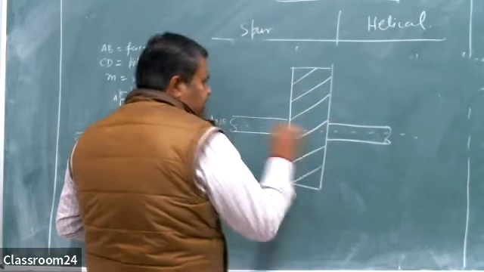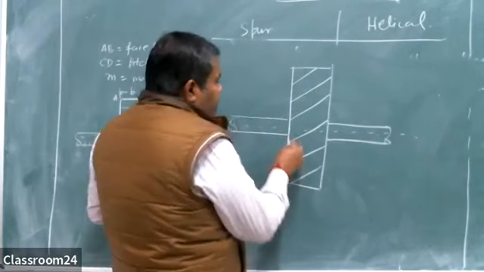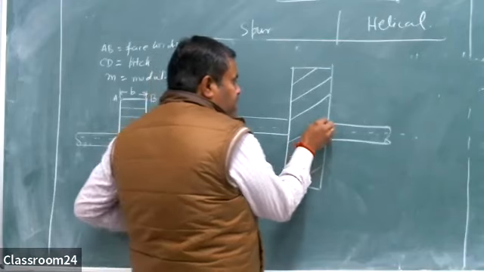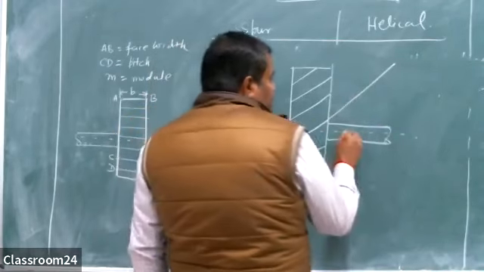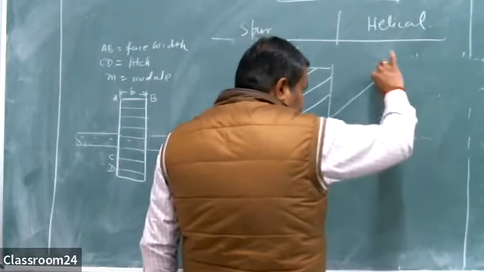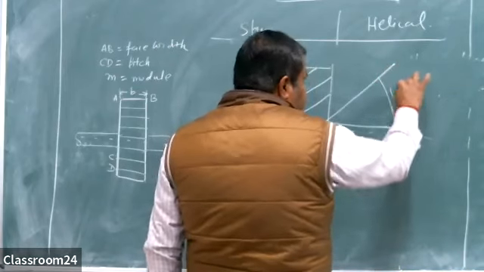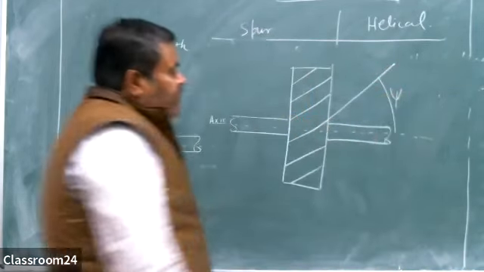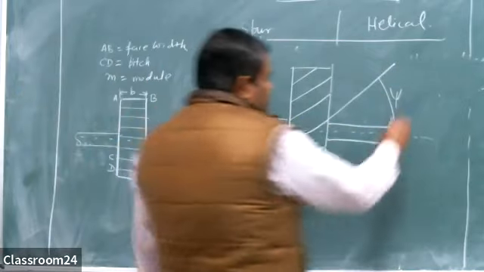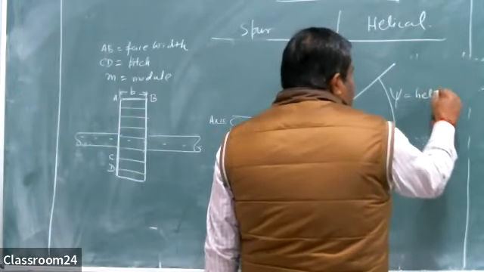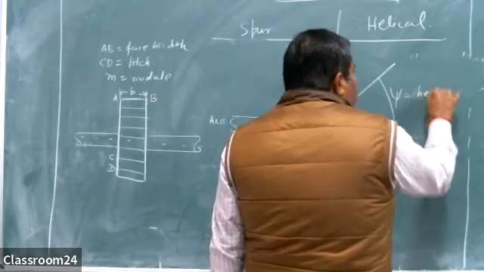Let's understand these teeth by extending. This is the axis of the shaft, so the teeth make some angle with the shaft, and this angle is psi. Psi is basically known as the inclined angle, or you can say the helix angle.